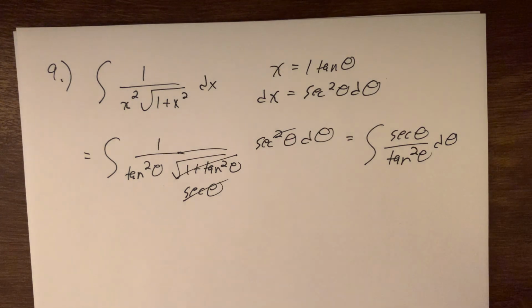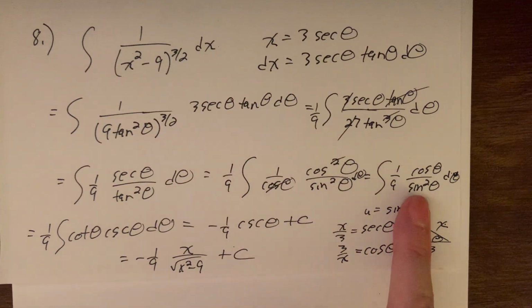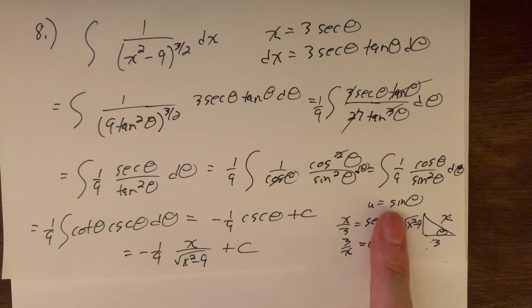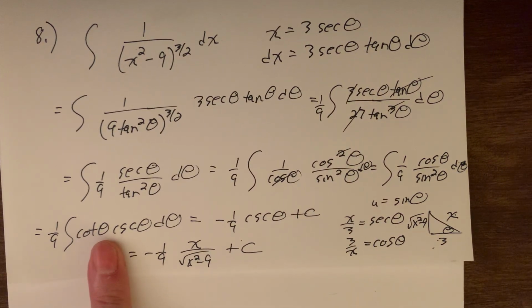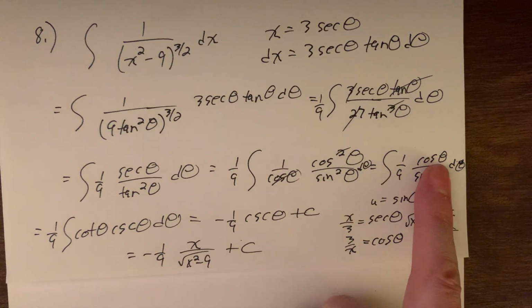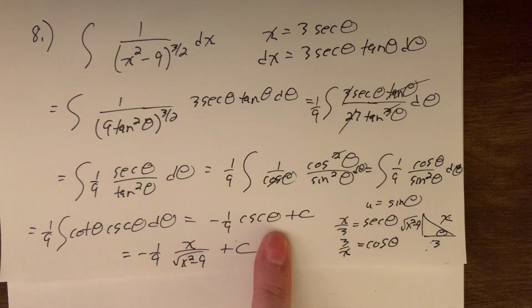So go back in number 8, the two different choices, first getting yourself to sines and cosines, then getting to here and thinking about the u sub, or continuing to manipulate and realizing you get a known trig antiderivative. But either way, the secant over tangent squared became negative cosecant theta.